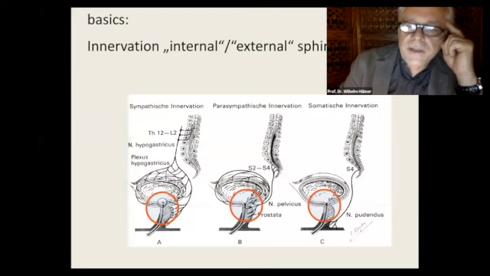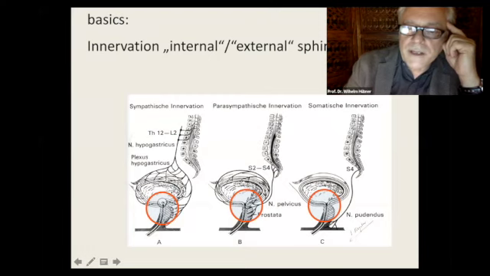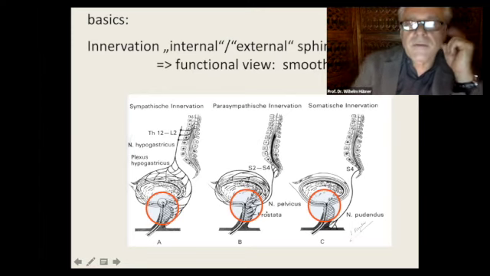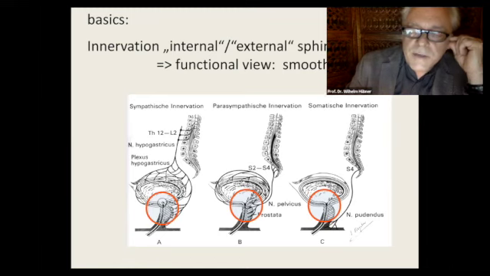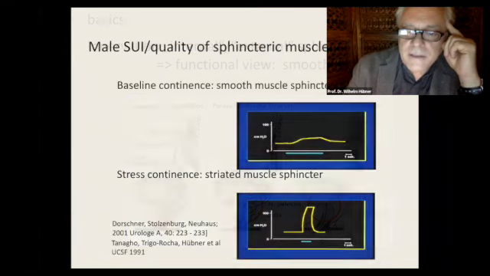So this is not really a big surprise, because the striated muscle of the pelvic floor is working due to the fact that the pudendal nerve usually is not at risk during the surgery, but very much so is the innervation of the inner sphincter, or the autonomous sphincter, or the smooth muscle sphincter. For me, I really prefer to distinguish sphincter-wise between a smooth sphincter part and the striated sphincter part, and not so much between the internal and external sphincter.